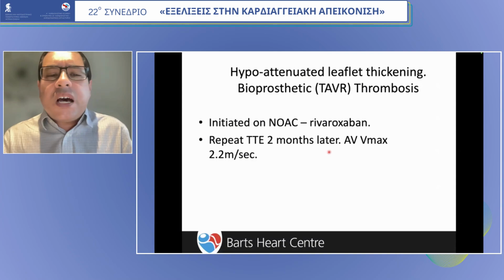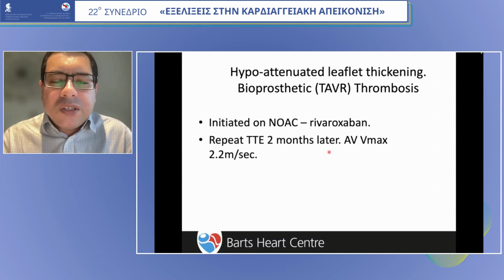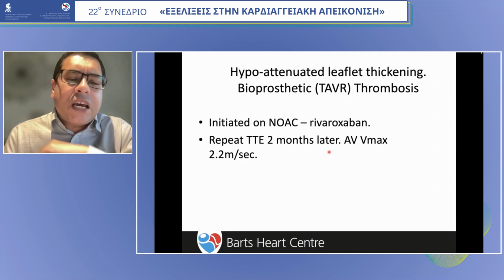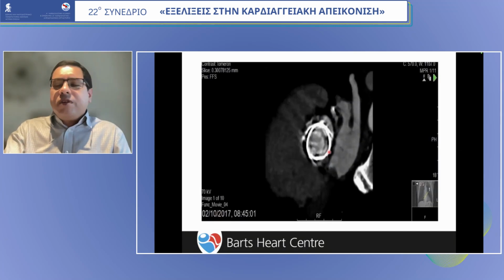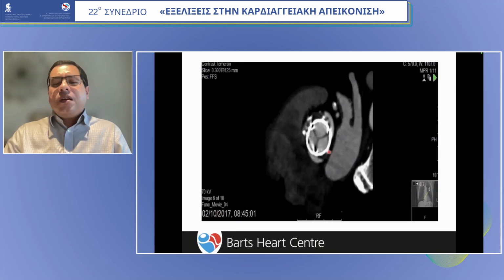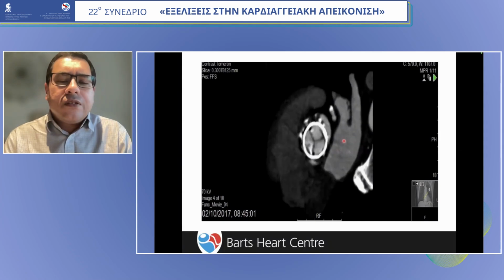So this is hypoattenuated leaflet thickening, which is the same as bioprosthetic valve thrombosis, occurs in about, I think, up to 5% of patients after TAVI. Initiated on a NOAC, in this case rivaroxaban, and 2 months later the valve velocity is back to normal. And there you see the repeat CT, which shows complete resolution of the valve thrombosis.